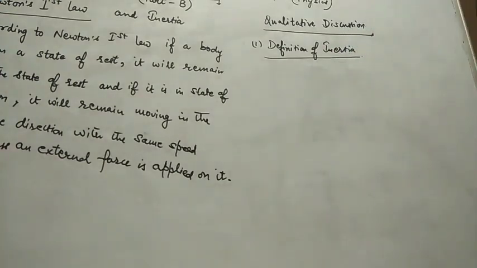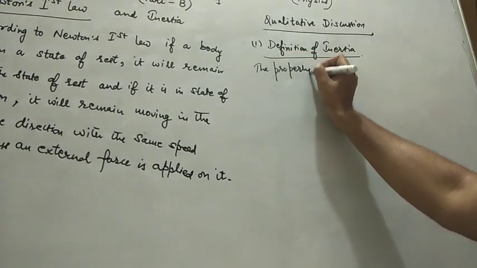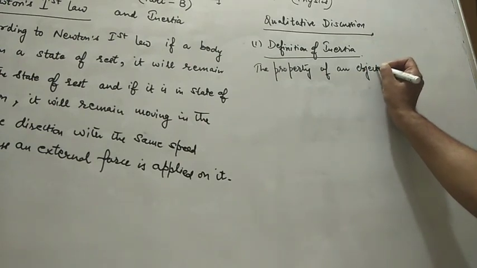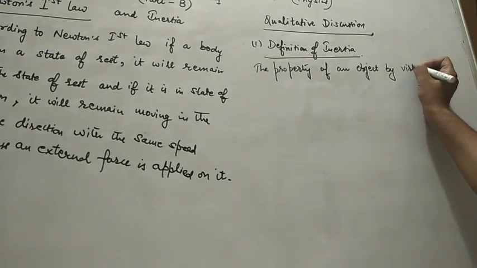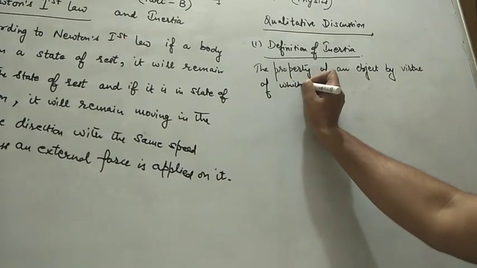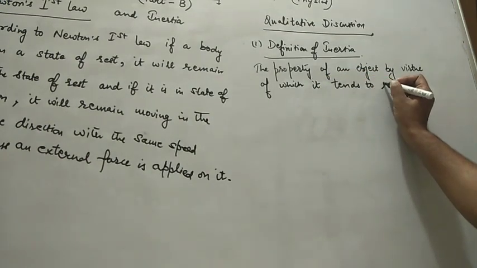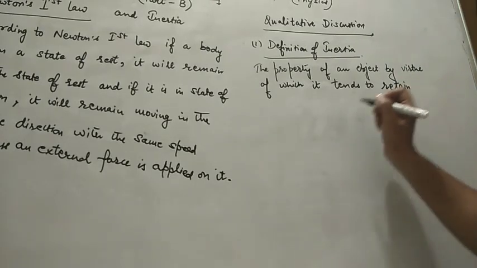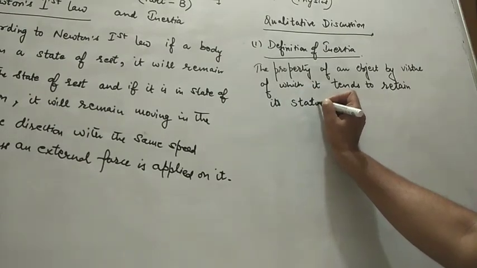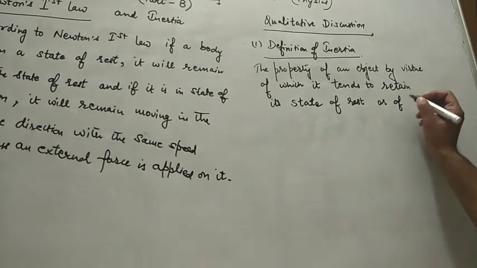So inertia is the property of an object by virtue of which it tends to retain its state of rest or of motion.